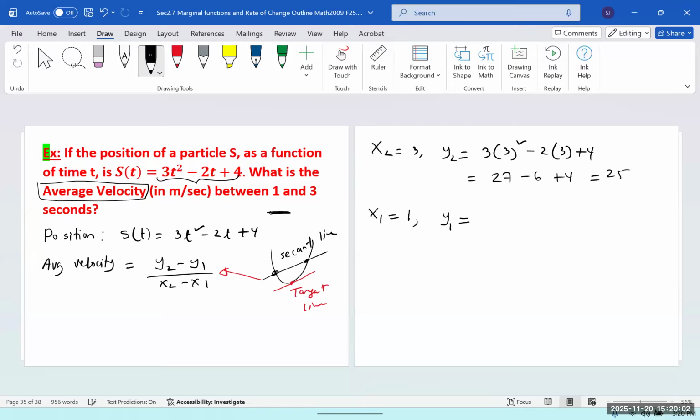So that tells us our y1. 3 times 1 squared minus 2 times 1 plus 4. 3 minus 2 plus 4, 5. Okay. So you come back here and write down this information. What minus what? Divided by 3 minus 1. So what over what? 20 over 2, which is 10.